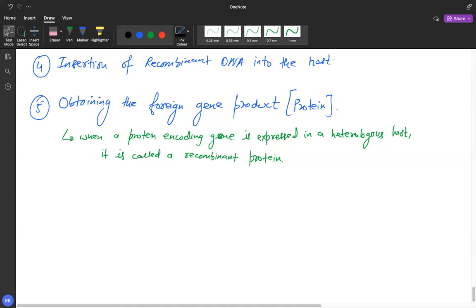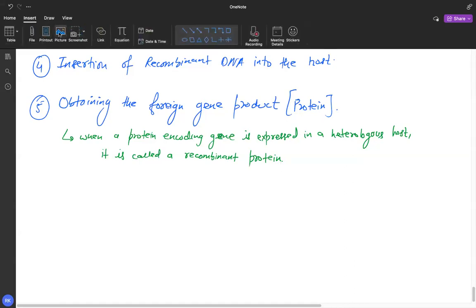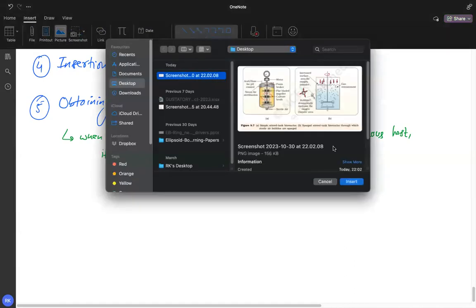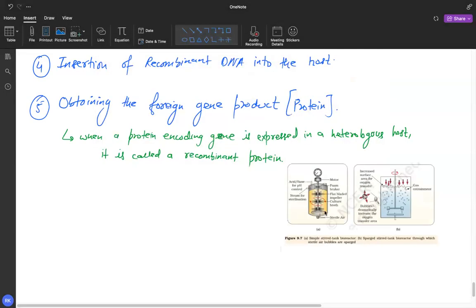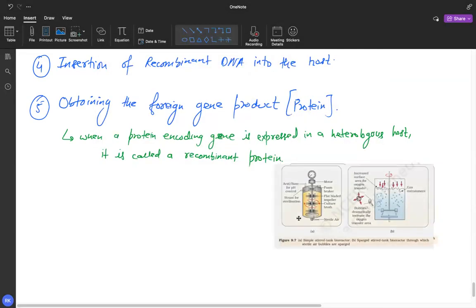I will also try to pull it up. Yes, I got it. This image. Can you all see this image?